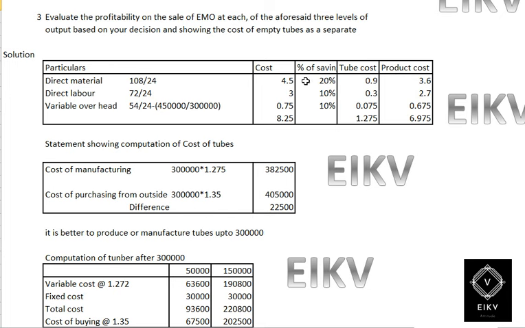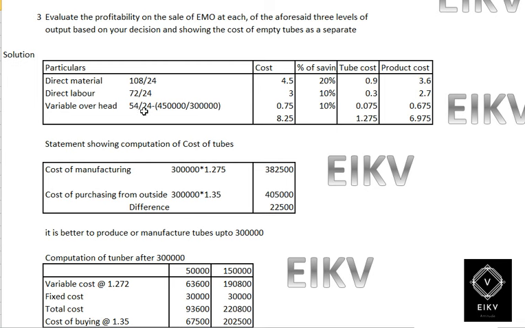Therefore 4.5 into 20% is 0.9, and the rest, the product cost, is 3.6. Going ahead, direct labor 72 divided by 24 will give you 3, into 10%, that is 30 paise. 3 minus 30 paise will give you 2.7.